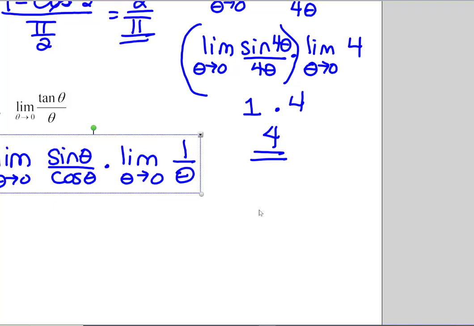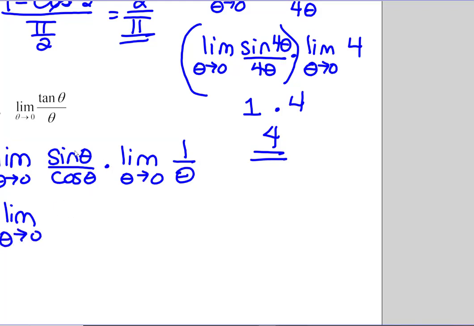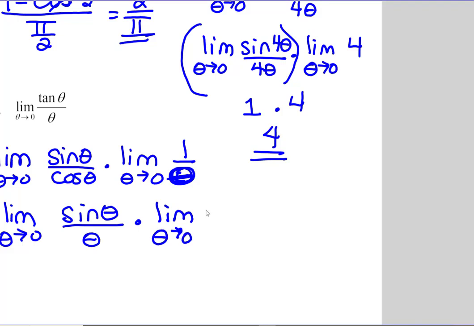And if we rearrange them, we can break this apart to be the limit as theta goes to 0, and I'm going to put these two together. So the sine of theta over theta, I'm going to put this theta with this numerator, and then bring this one over, the limit as theta goes to 0 of 1 over cosine. So this is the rule here, and that rule is 1.